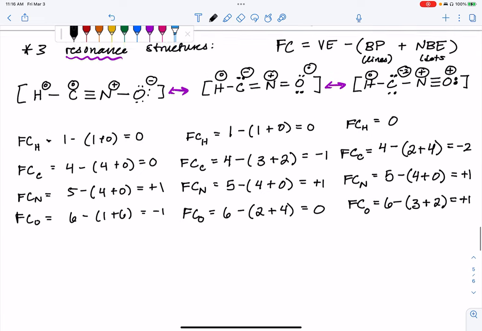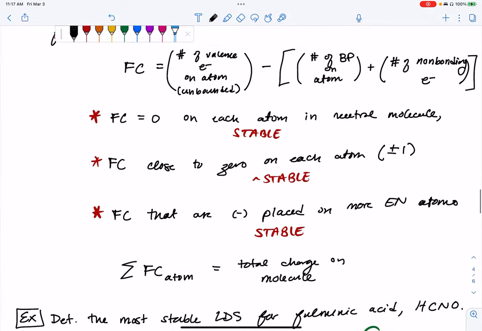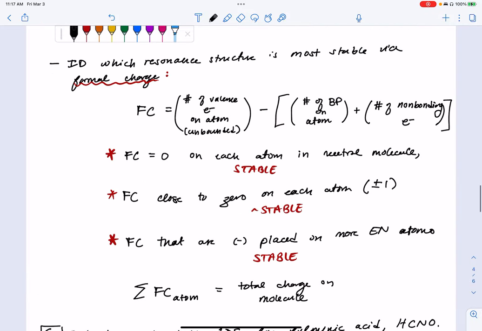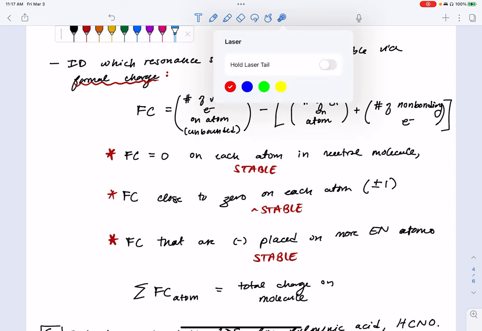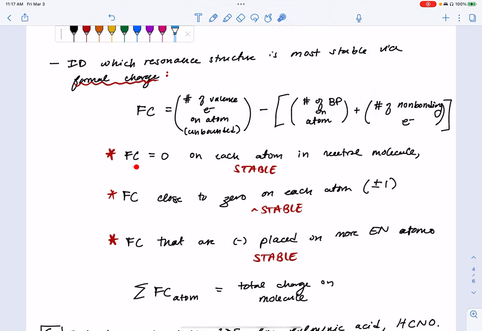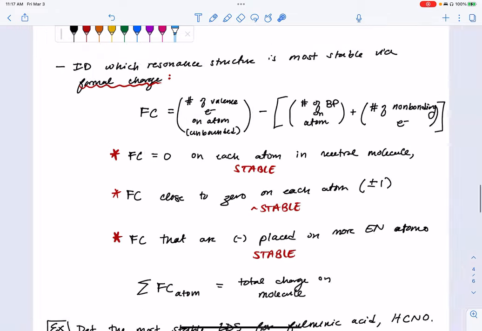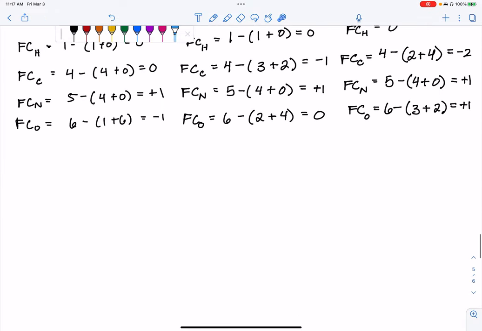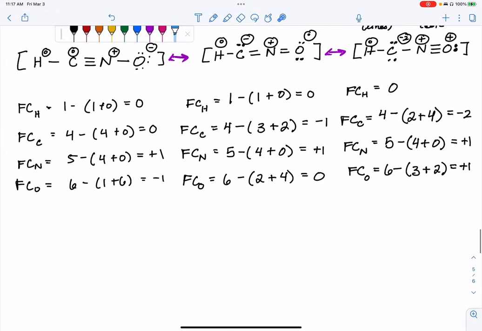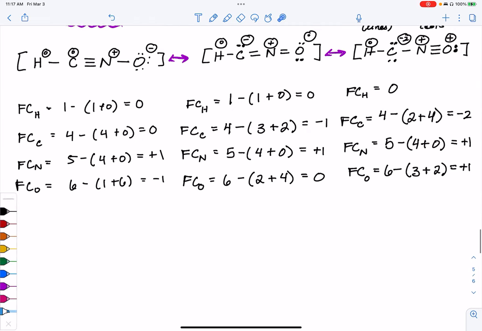All right, let's look at our rules for how formal charge associates with stability. So the resonance structure that has a formal charge equal to 0 on each atom should be stable. So let's see if we can find a resonance structure that has a maximum amount of formal charges that are 0.